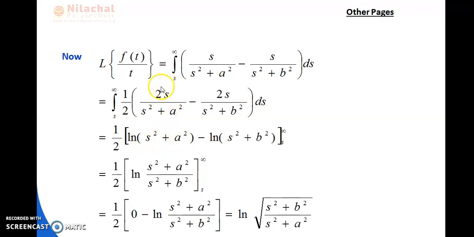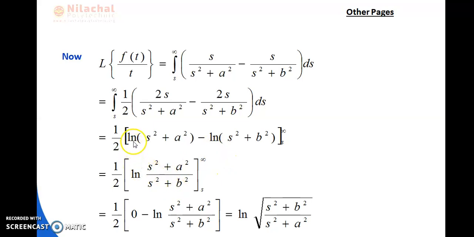That is present here. That's why this integration equals ln (s square plus a square). Similarly for this term, minus ln (s square plus b square), from s to infinity. So you can recognize why I am writing 2s: the derivative of s square must be present here, but 2 is not present in the beginning. That's why I am multiplying 2, dividing 2. Clear? Then come to the next line.